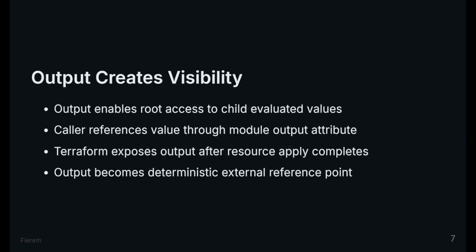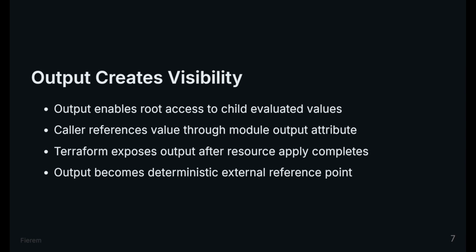Terraform evaluates the child output expression against the child module's graph, then exposes the result to the caller during planning and apply. The state file keeps the actual resource under the child module path, while the exported output gives the caller a supported reference point. This separation prevents callers from coupling themselves to internal implementation details.